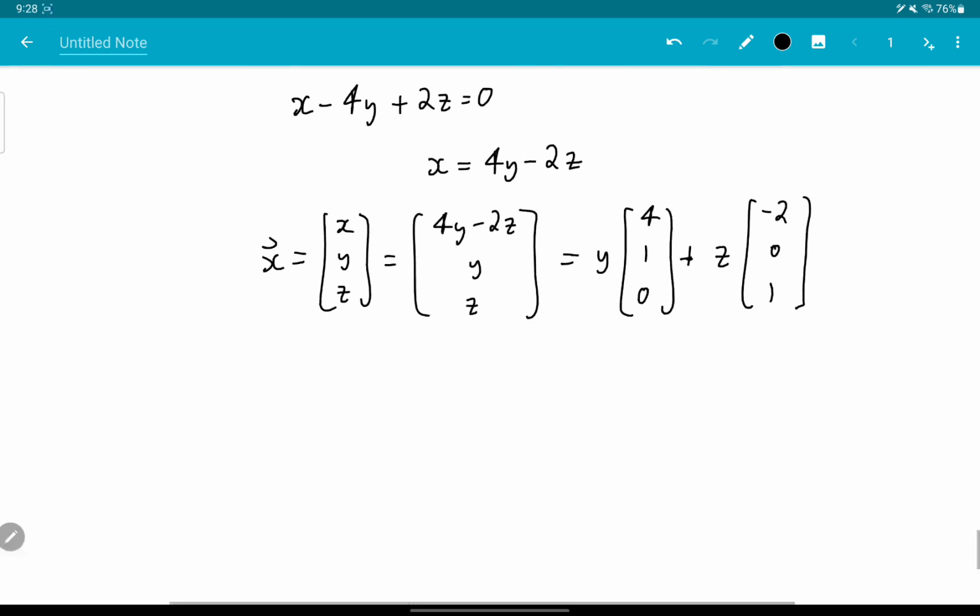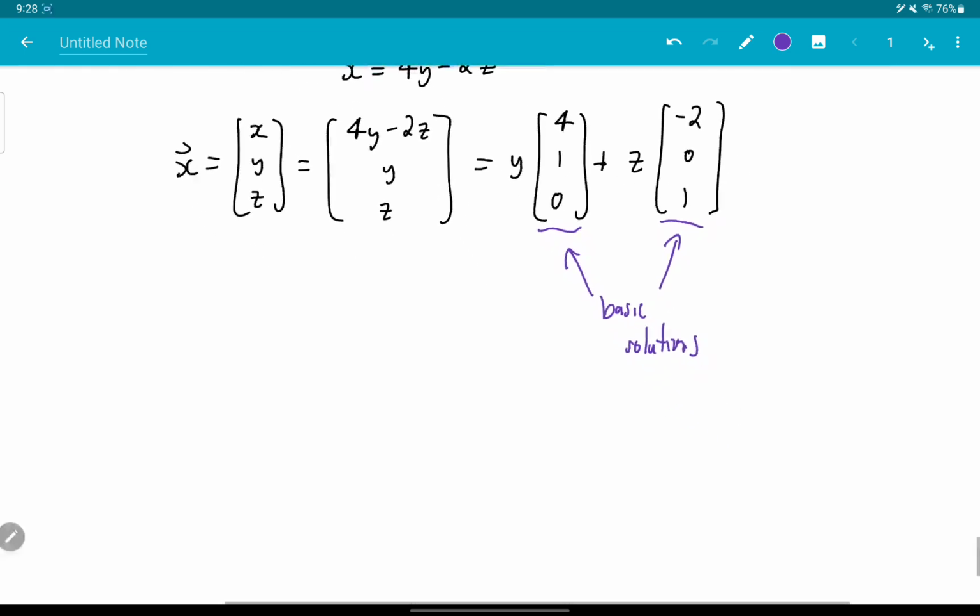Okay. Voila. These are my basic solutions. These two, without the y and without the z. So, basic solutions to the vector equation AX equals 0.